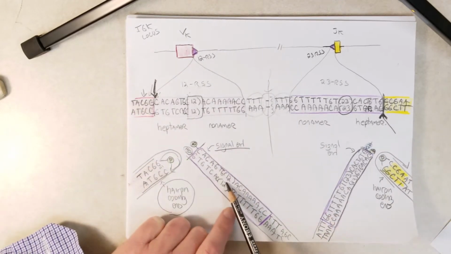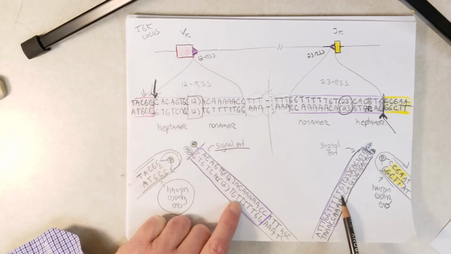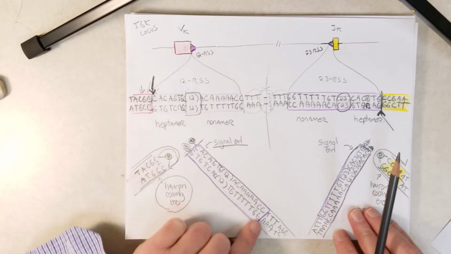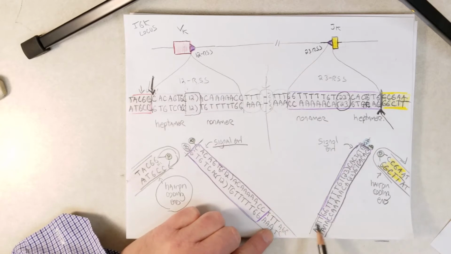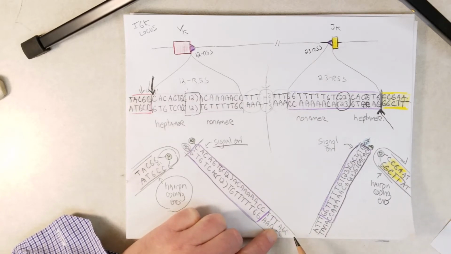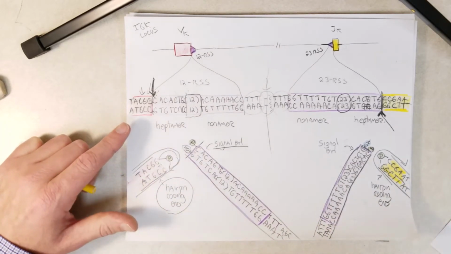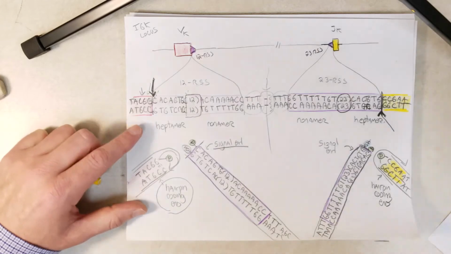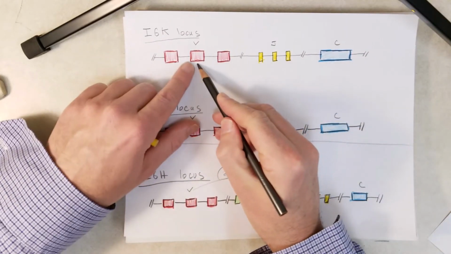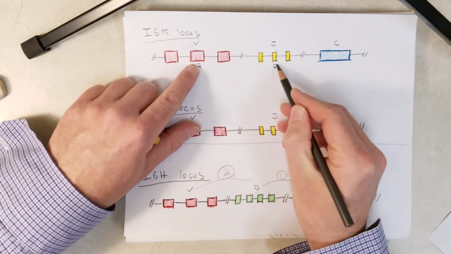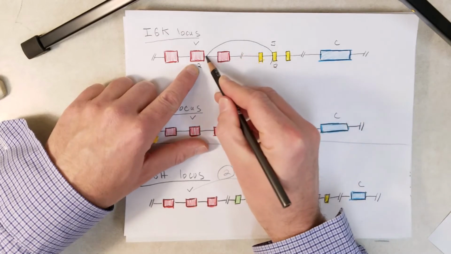Now, I have the RSSs colored purple. The non-colored ones, I don't know if this really shows up in the video, but there's no color down here. So this is all that intergenic sequence that is lost when a VDJ recombination event happens. So maybe you remember, if we were to fuse this one right here to this one right here, all this stuff is lost.